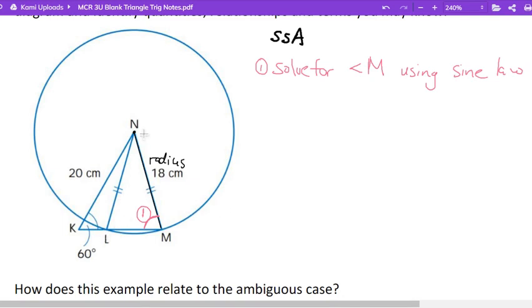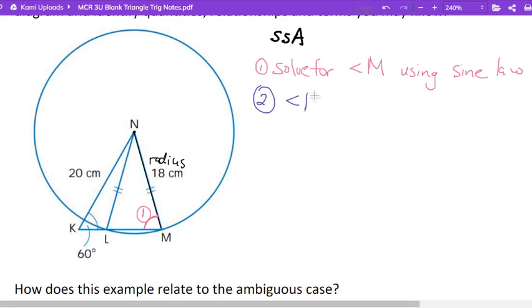Do you mean LNM? KNM. Sure, but what's the first thing I do that's easy? What is a quick thing that I do when I solve for M? Which angle is supplementary to angle M? Yeah, right.